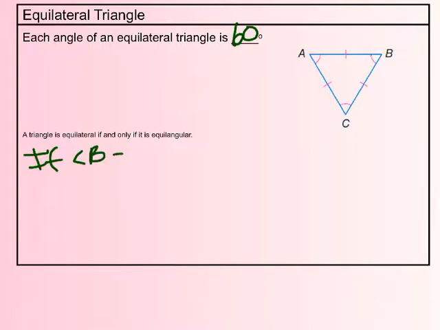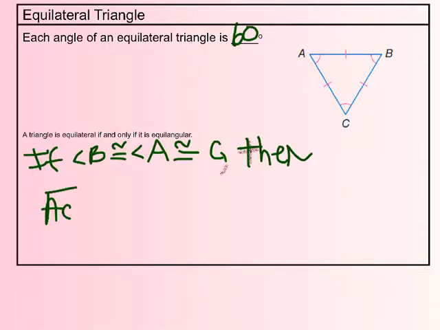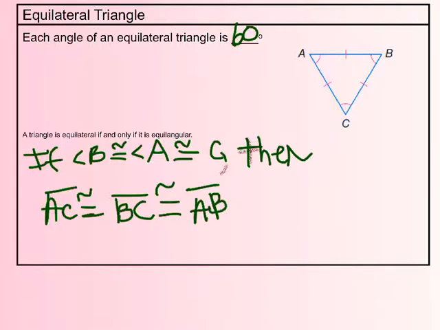So if angle B is congruent to angle A, which is congruent to angle C, then we know that side AC is congruent to side CB or BC, which is congruent to side AB. Okay, so that's an equilateral triangle. All of that needs to be true for it to be an equilateral triangle.